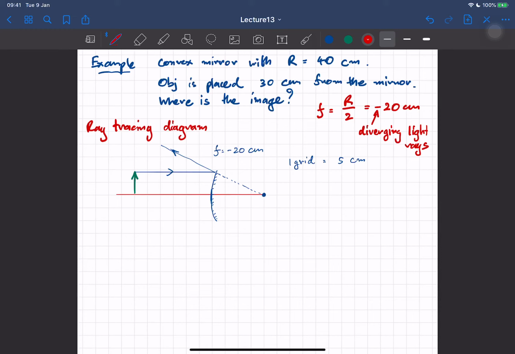But this is a mirror, it has to reflect, right? So it's going to go in like this, and it's going to reflect back like that. And the way it's going to reflect is this angle is the same as that angle.